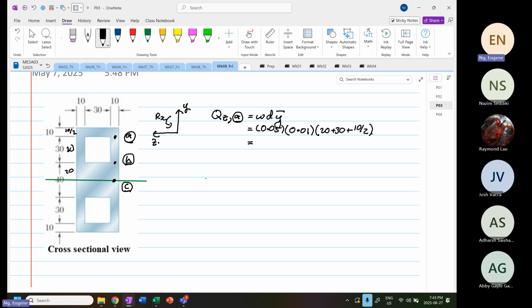Okay, so this will be equal to 0.02 plus 0.03 plus 0.01 divided by 2. Okay, so 0.02 plus 0.03 plus 0.01 divided by 2, times 0.01 times 0.05, is equal to 27.5 times 10 to the power minus 6.